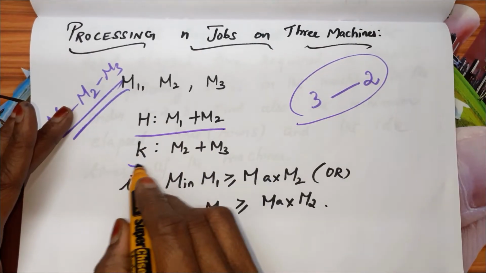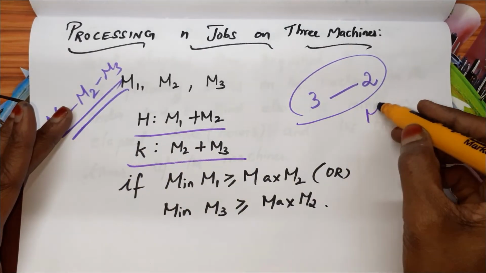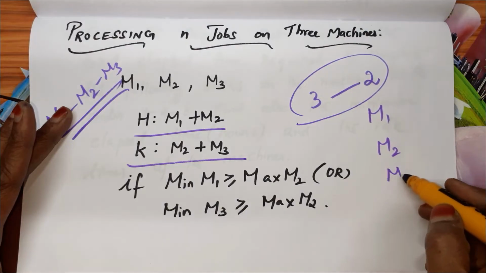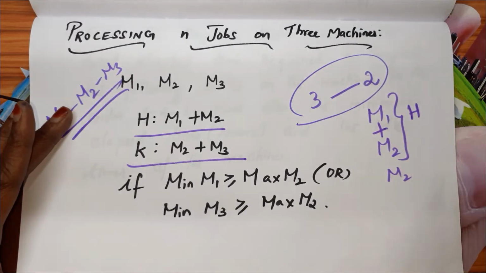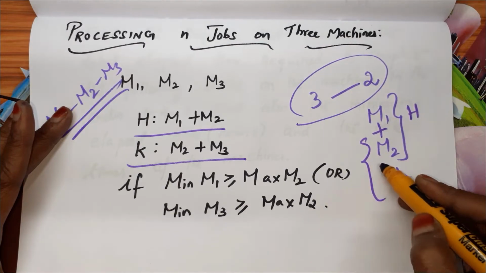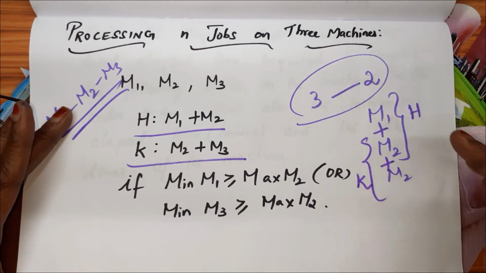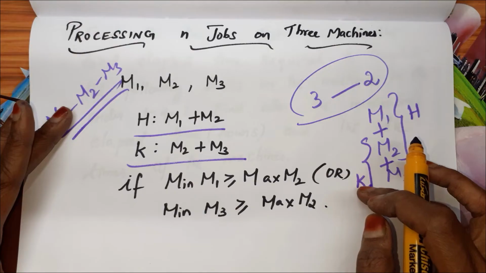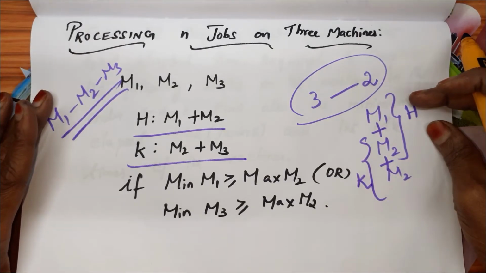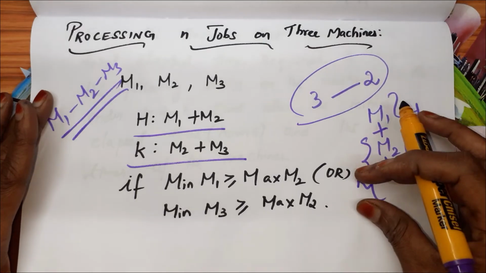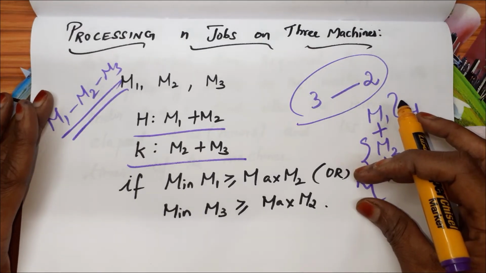For conversion, because we have 3 machines in this order, M1, M2, M3, we are going to combine two of them together as machine H, and combine two of them together as K. H and K are the names which we are going to give. Is it clear?